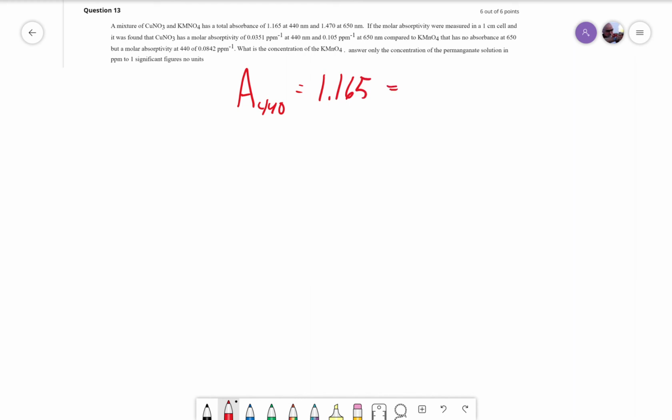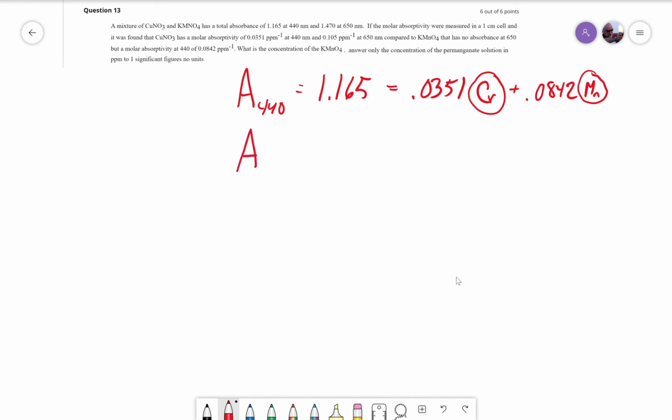That will be the combination of the sensitivity of the chromate, just designated by C, plus the sensitivity and absorbance of the permanganate. We will designate the concentrations of the chromate solution as Cr and the concentrations of the permanganate as just Mn.